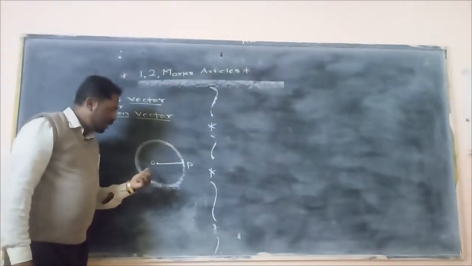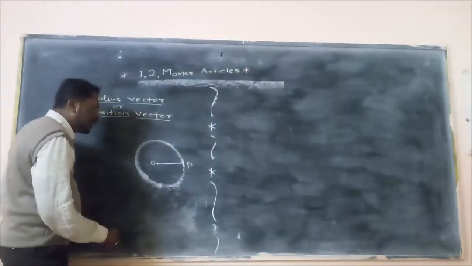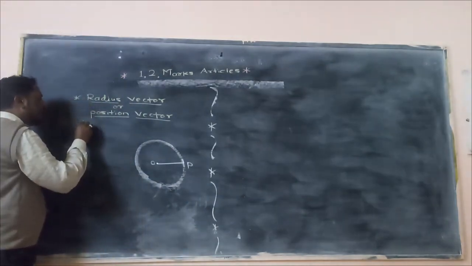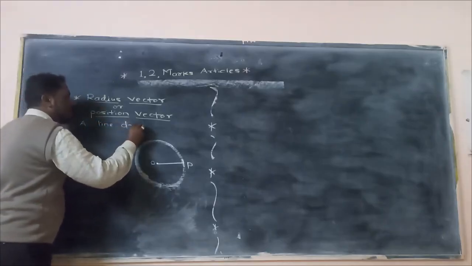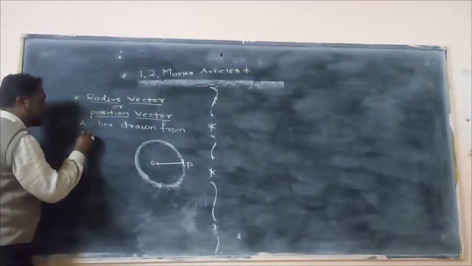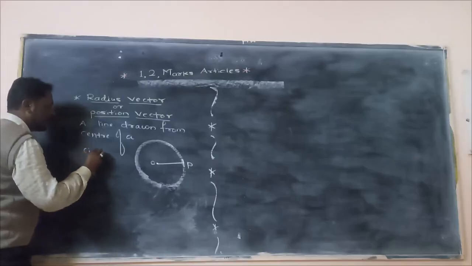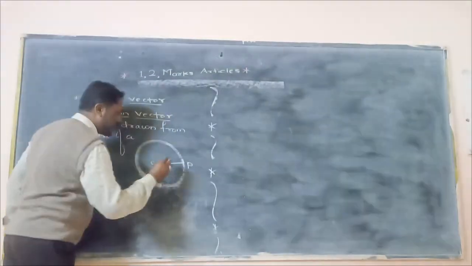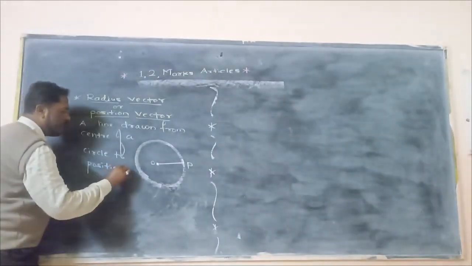So what can we say? Radius vector: a line drawn from the center of a circle to the position of a particle.